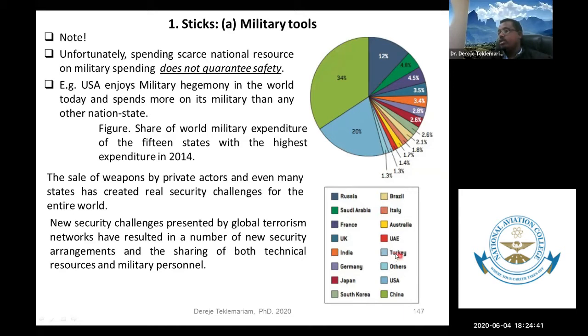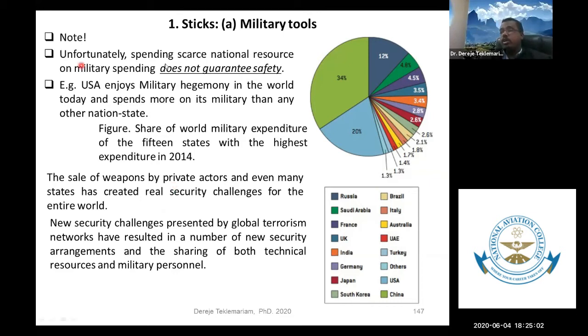Now, Turkey is totally different. It's really increasing because of the pressures related to the Syrian crisis. So the sale of weapons by private actors and many states has created real security challenges for the entire world. How the exchange and the sale are increasing really matters.